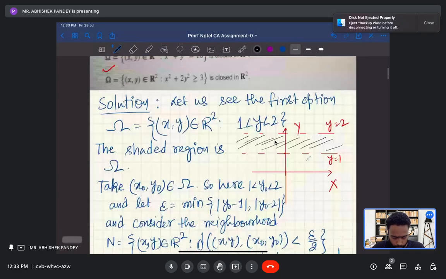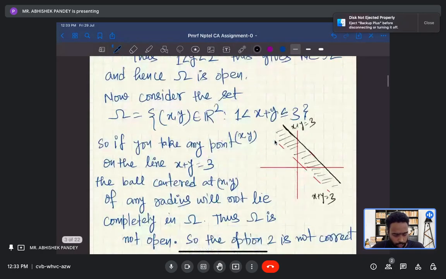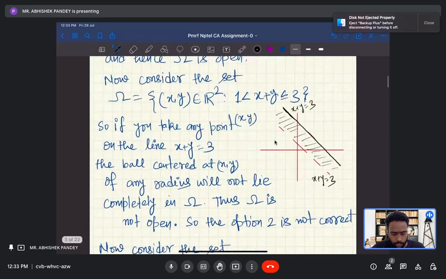Now let us look at the second option. Here the set omega is the set of (x, y) belonging to R2 such that x plus y is greater than 1 and less than or equal to 3.